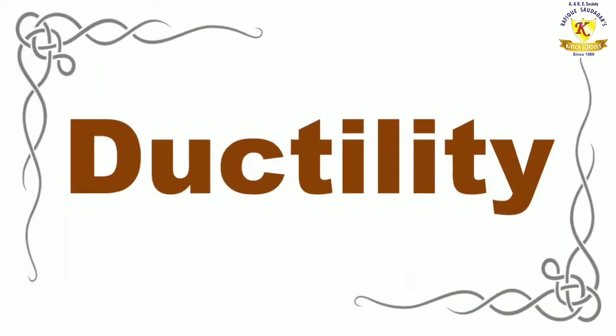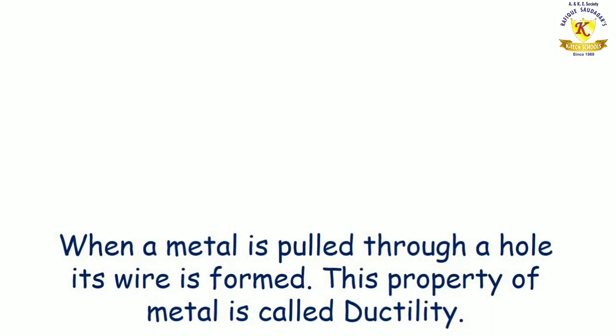The fourth property of metals is ductility. Now, when a metal is pulled through a hole, a wire is formed. This property of metals is called ductility.